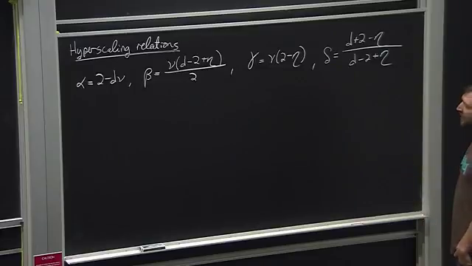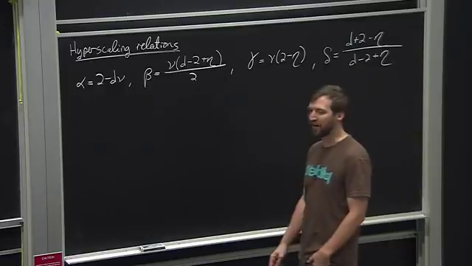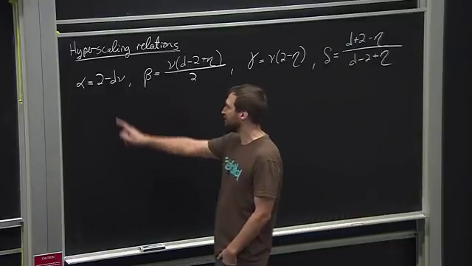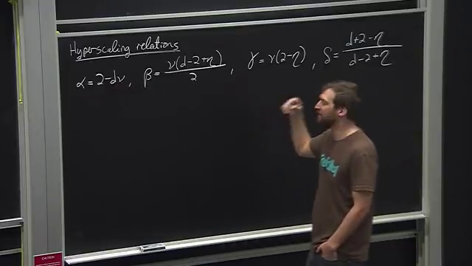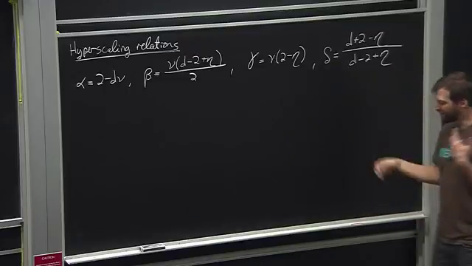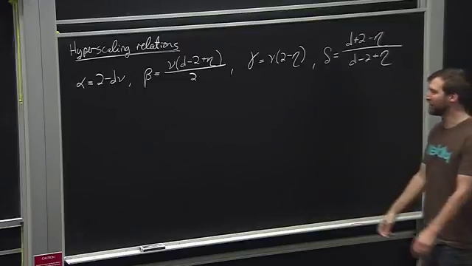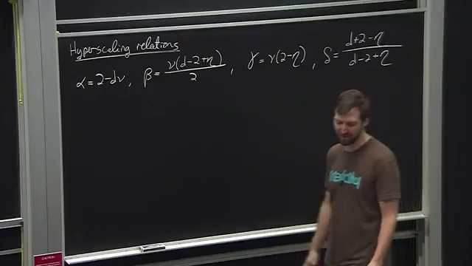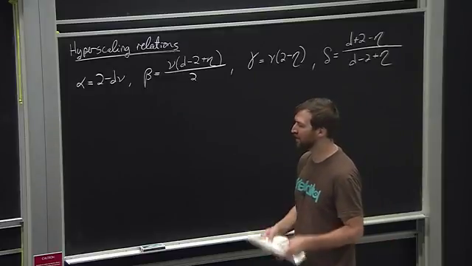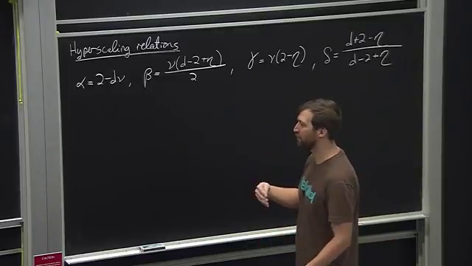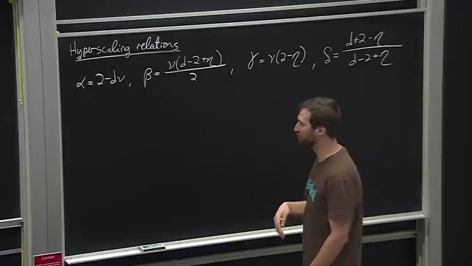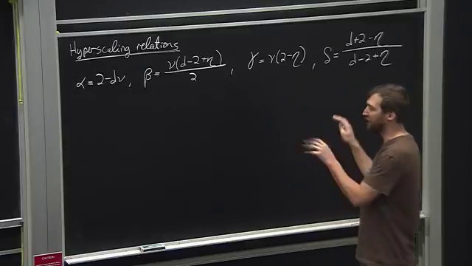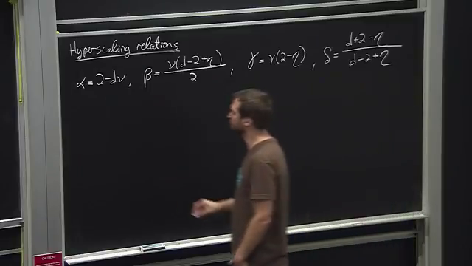And the other thing to note is that these things can, in principle, be violated. There's a dimensional dependence, and critical exponents depend on dimension. So unlike the thermodynamic scaling relationships that I wrote maybe last class, you might find cases where these are violated.